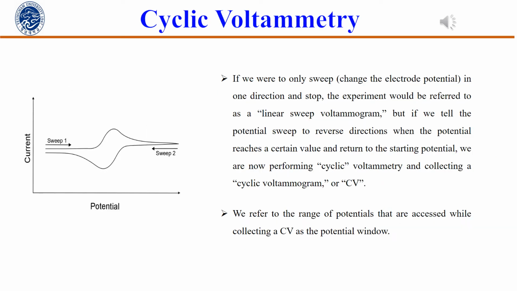Here you can see a CV graph. It looks like a bird, or sorry, it looks like a duck. On the x-axis we will take the potential that we are going to vary by using an instrument called potentiostat, and the corresponding current will be measured on the y-axis.